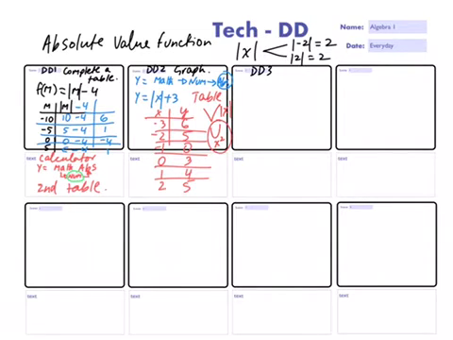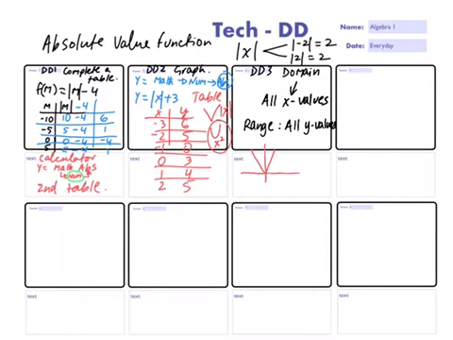Okay, DD3. This is talking about two things: domain, which are all the x values, and the range, which are all the y values. So for example, if a graph is like this, right, and it's passing through the origin.